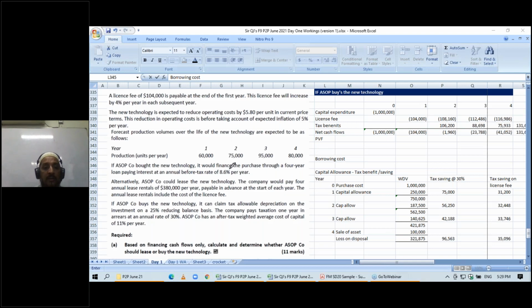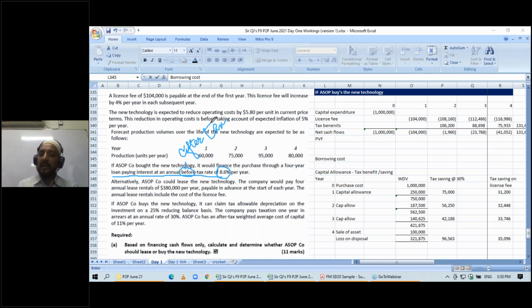So look, in this paragraph, I'm circling in blue. They have given you a loan paying interest at an annual before tax rate of 8.6%. Now, we won't use the before tax rate. We will always use an after tax rate. 8.6 is before tax and the tax rate is 30%.